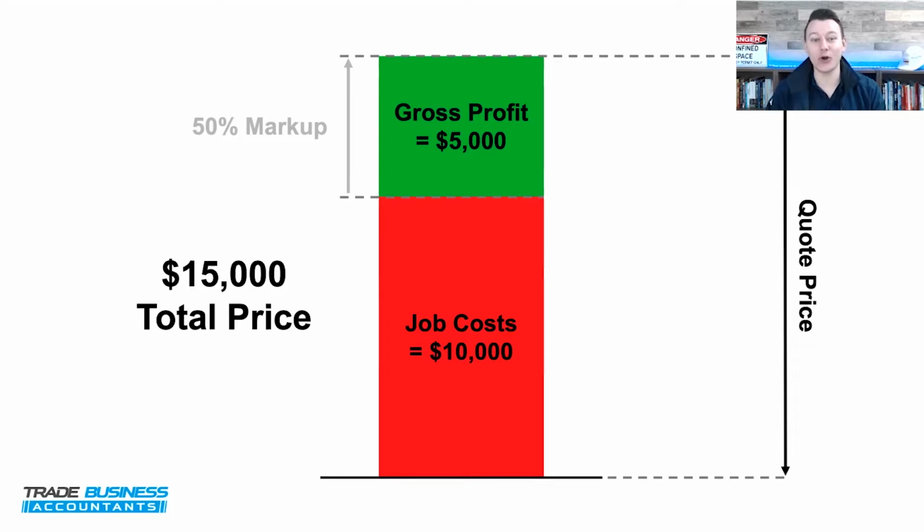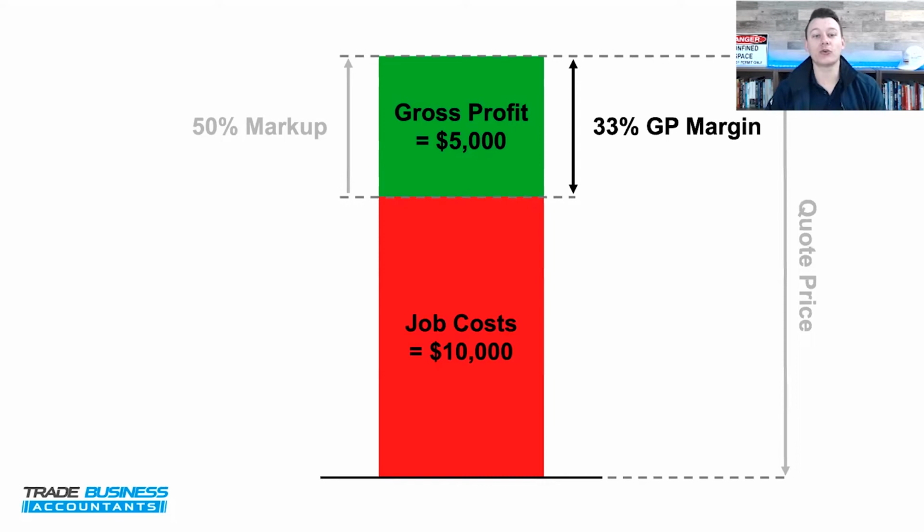But this does not mean that we're making 50% profit. In fact, our gross profit on this job is actually only 33%. And this is because the $5,000 in gross profit is 33% of the total sale price of $15,000. So by marking up our job by 50%, that allowed us to make a 33% gross profit margin.